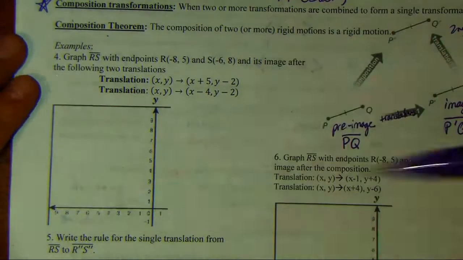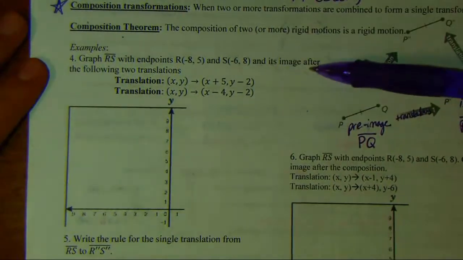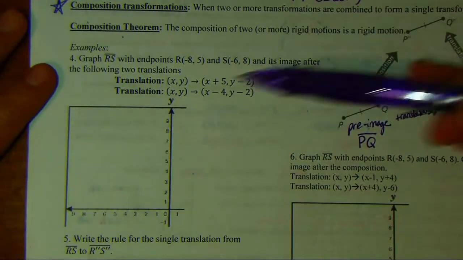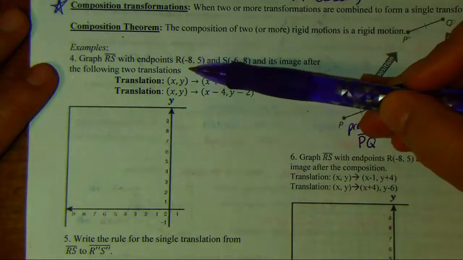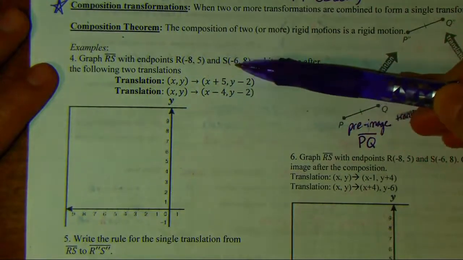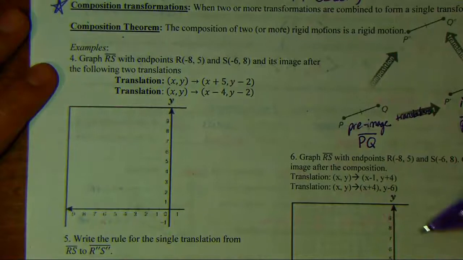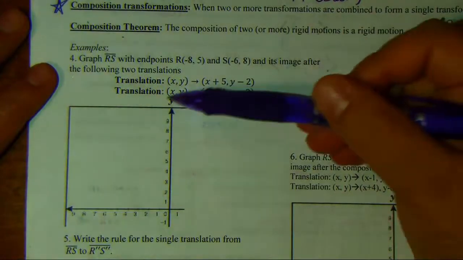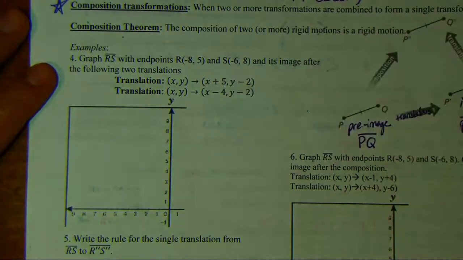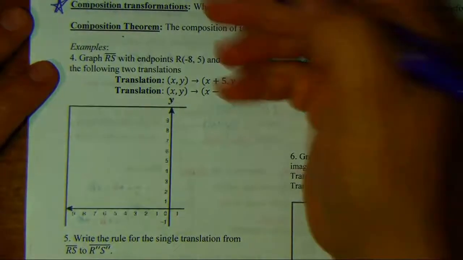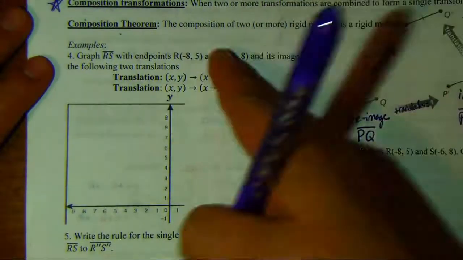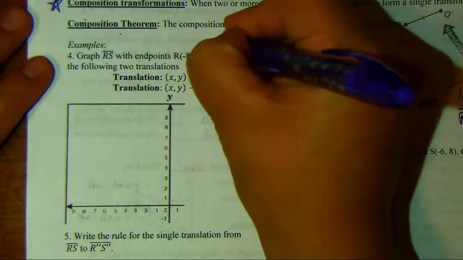Okay, so let's look at this example here. It says graph segment RS with endpoints R at -8, 5 and S at -6, 8. And then its image after the following 2 translations. Okay, so I'm going to start by graphing segment RS in purple.